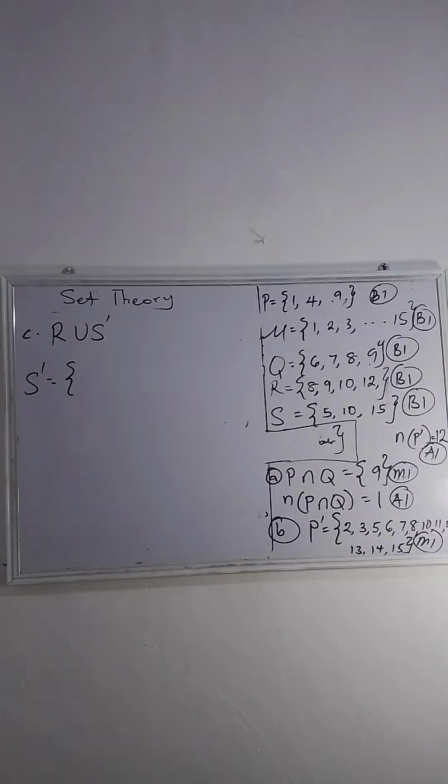Yes, let your answers start rolling in. S complement. Bamidele, I can see 8, 9, 12. Are you sure that is the answer? Olatunbosun, I can see 5, 10, 15. Are you sure that will be the answer? Okay, I can see Obasanya: 1, 2, 3, 4, 6, 7, 11, 12, 13, 14.